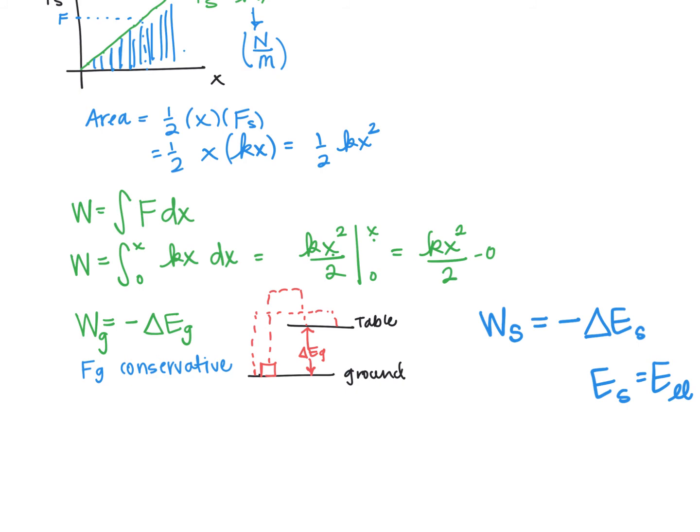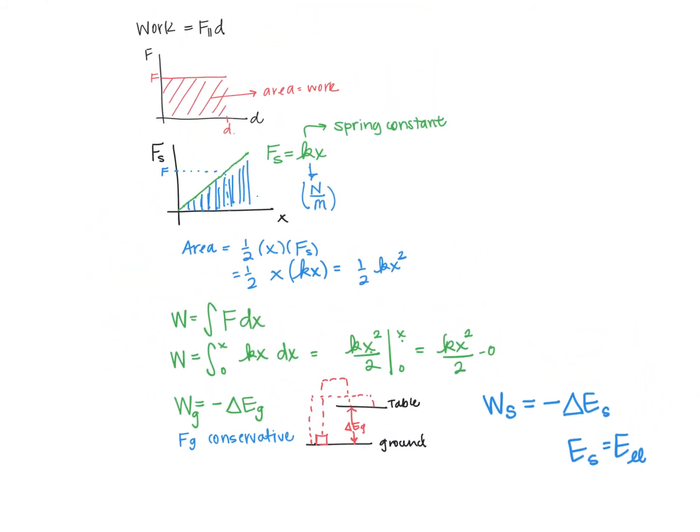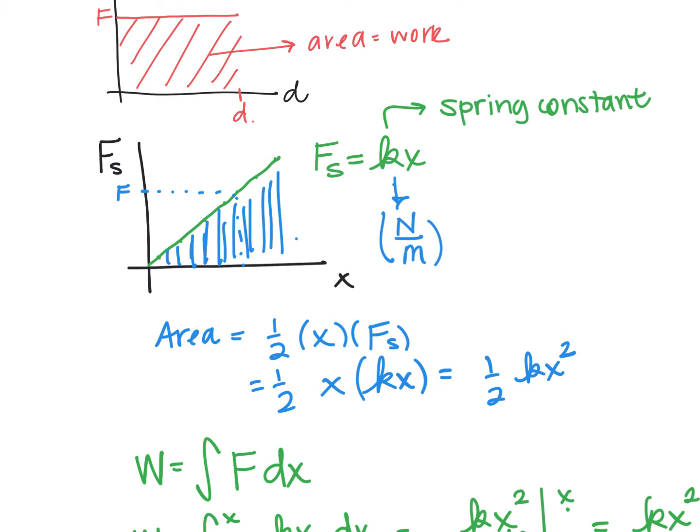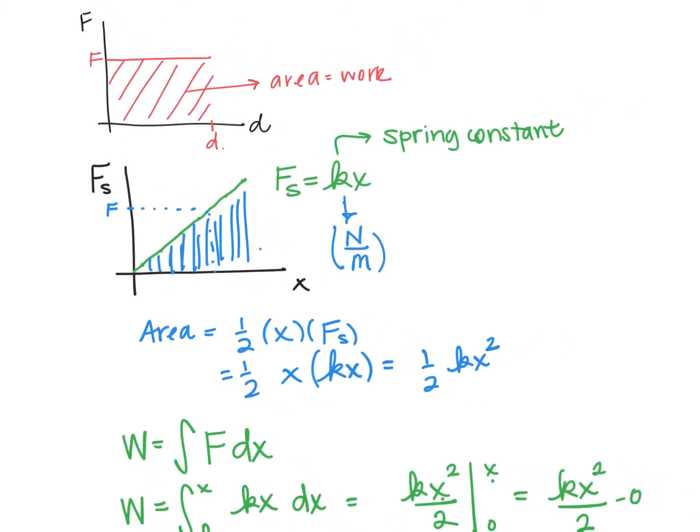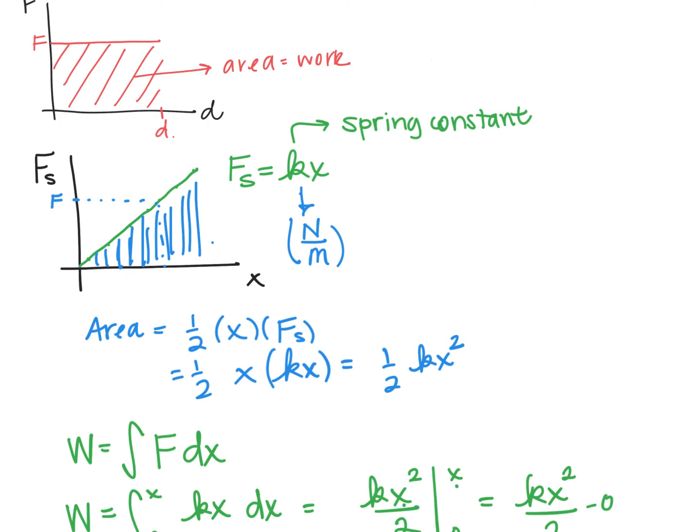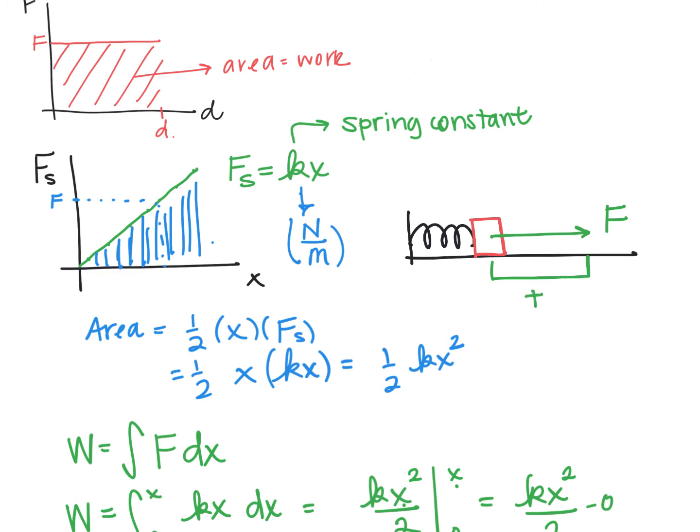Now, in order to stretch the spring, we were applying a force. So if we have our floor and a wall and a spring and a block, we're going to have to pull it to the right to get it to stretch this positive distance. So this will be a positive change in position, and this will be the direction of the force that's applied. And we are doing positive work.